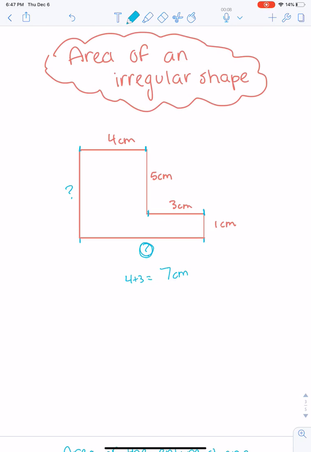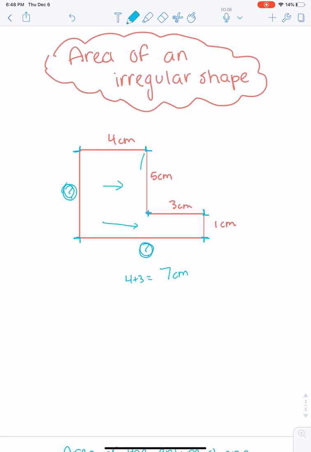Now I'm going to look on the other side, from here to here. I'm looking for this side, and I'm going to look across, and I can see that this side plus this side is going to give me my missing side.